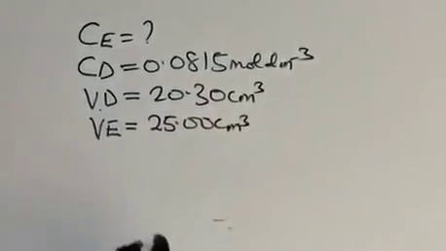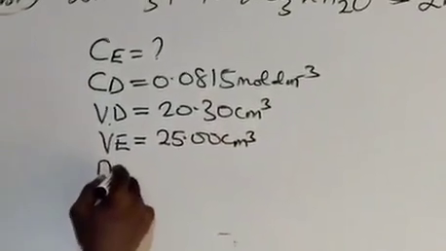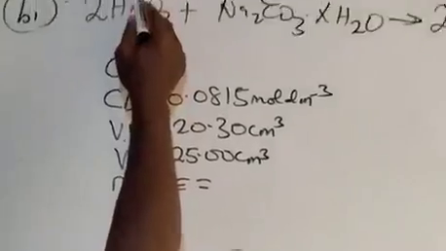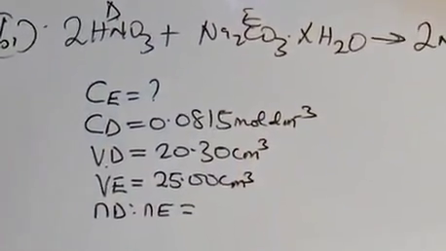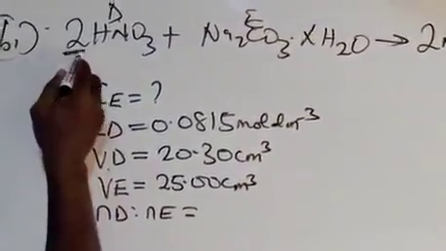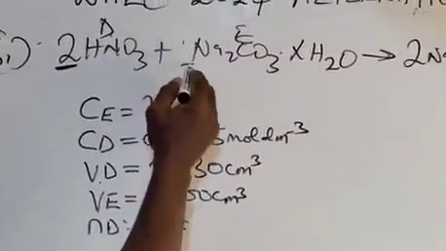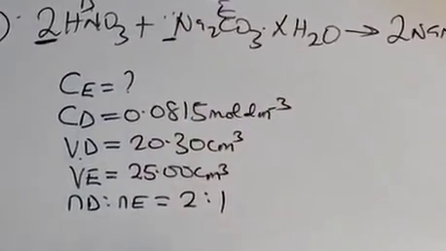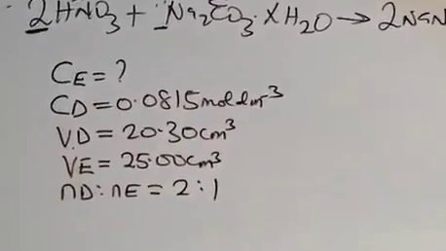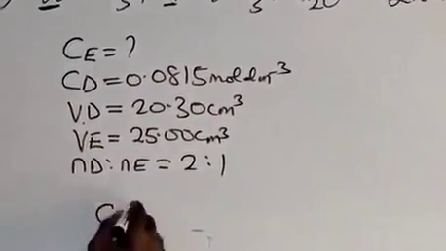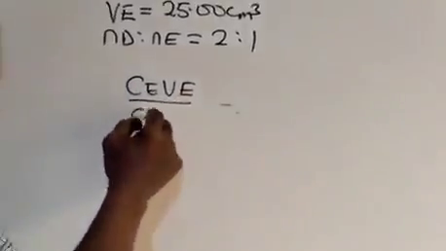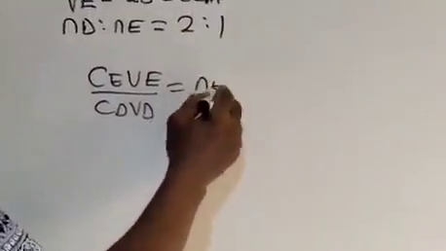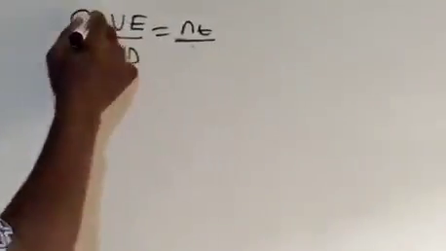Then we need the mole ratio, which is the ratio of the acid to the base. Acid is D and the base is E. You get it from the balanced equation. There are 2 moles of the acid here, and the coefficient here is 1, so it's 2:1. Having obtained everything except one item, you apply the general titration formula CAVA over CBVB equals NA over NB.